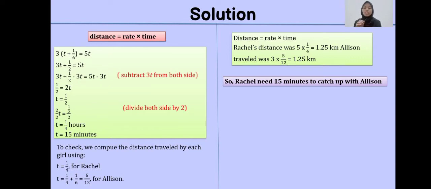Distance equals rate times time, and Rachel's distance was 5 times 1/4, which equals 1.25 kilometers. Allison traveled 3 times 5/12, which equals 1.25 kilometers. So Rachel needs 15 minutes to catch up with Allison.